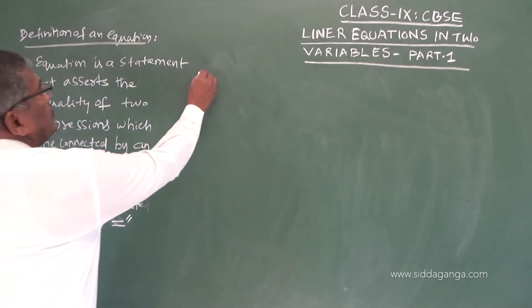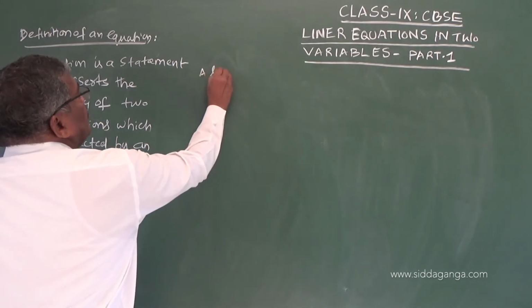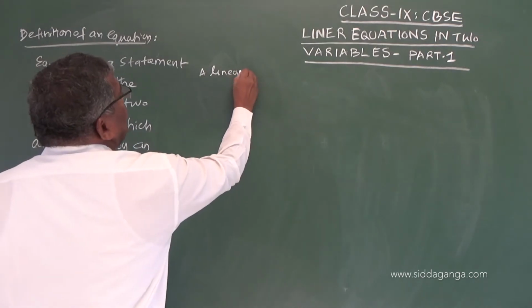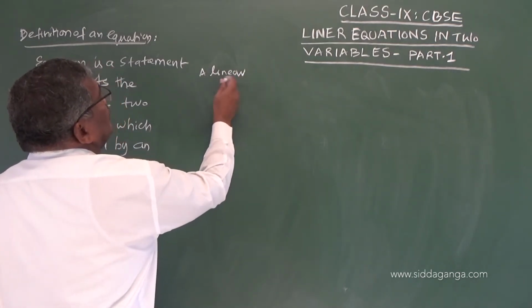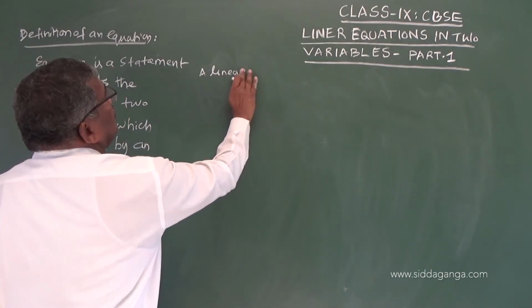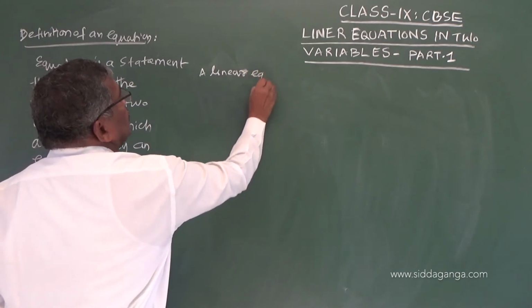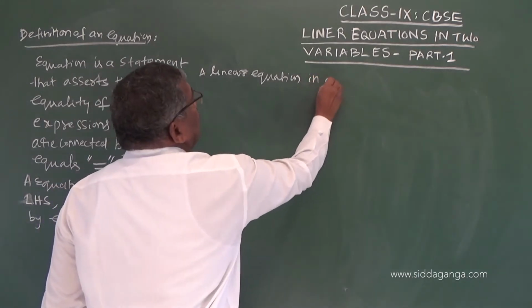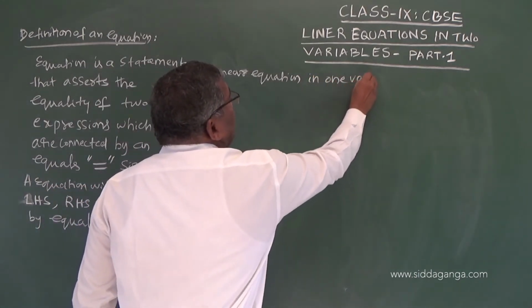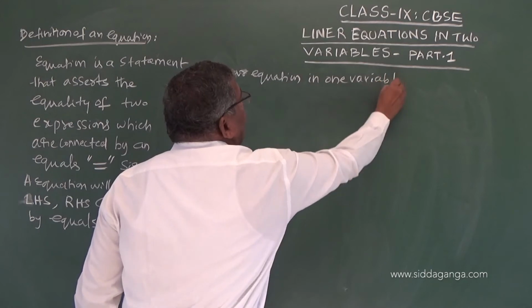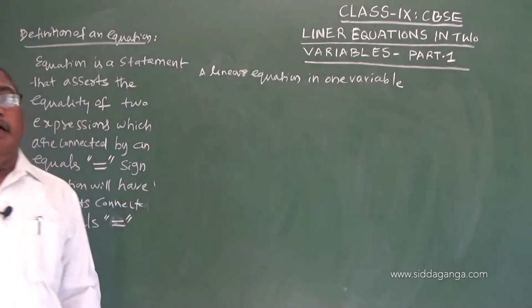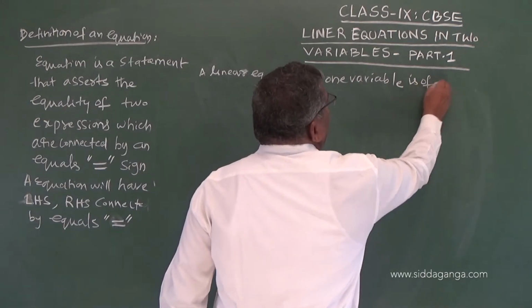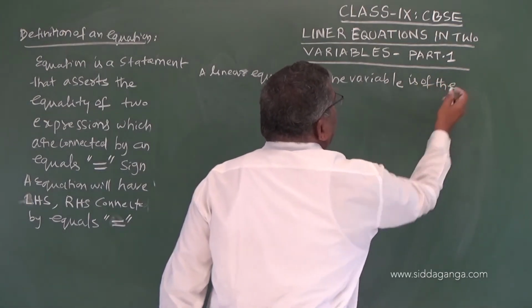A linear equation in one variable is of the form ax plus b equals 0.